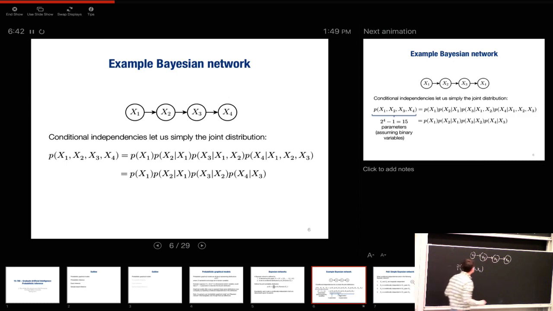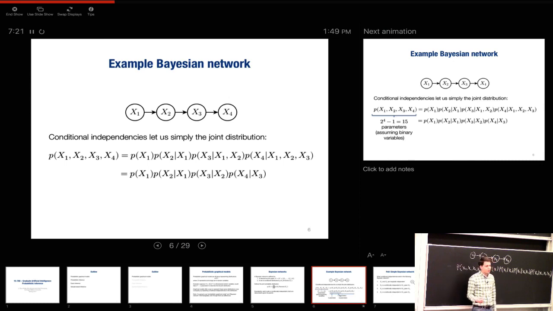For any distribution, the first line holds: p of x1, p of x2 given x1, p of x3 given x2, x1, and p of x4 given x1, x2, x3. This importantly holds for any distribution over those variables. This is just the chain rule. We're just writing it in terms of the conditional distribution of each variable given all the variables that preceded it. That's true for any distribution.